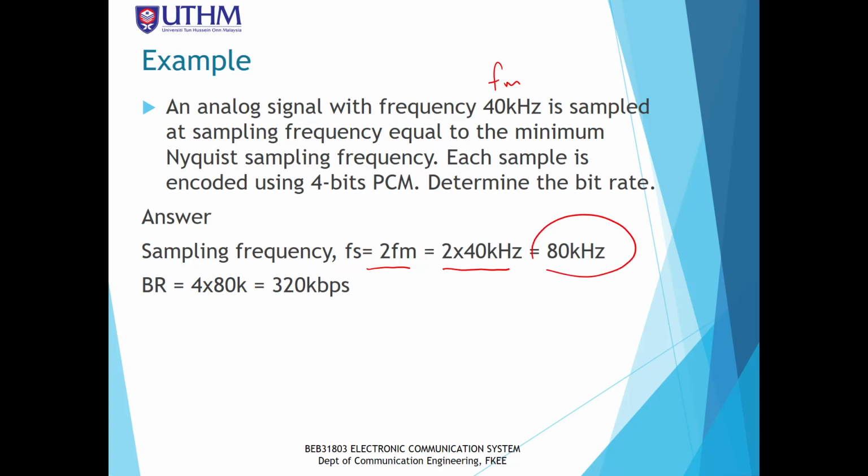Okay, and how much is the bit rate? So bit rate is equal to number of bit multiplied with the sampling rate. So number of bit per sample multiplied with sampling rate, so we get 320. The unit is kilobit per second.